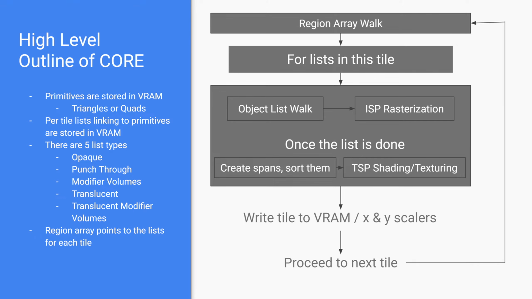There is X and Y scaling happening there for anti-aliasing and flicker-free interlaced scan, I guess. I haven't implemented those parts either in this chip. And then you proceed to the next tile. Then once you do this for all of the tiles, your frame is done, and you notify the game, and then the game on the next VBlank presents the new frame buffer to the user.